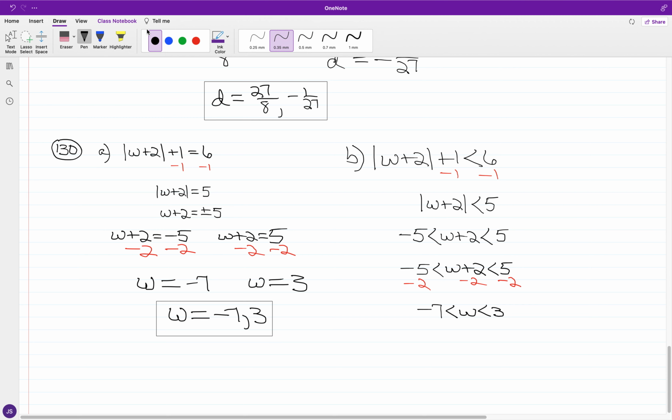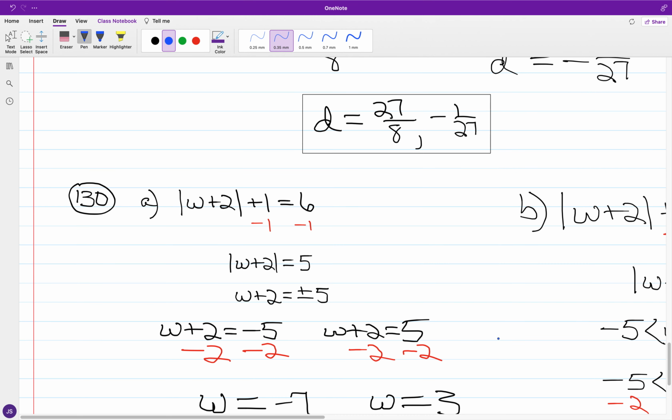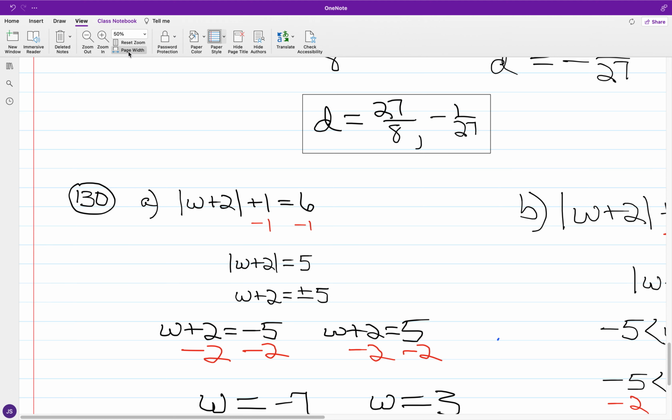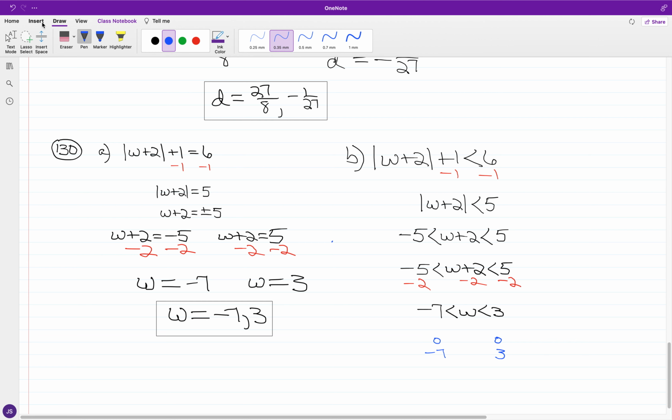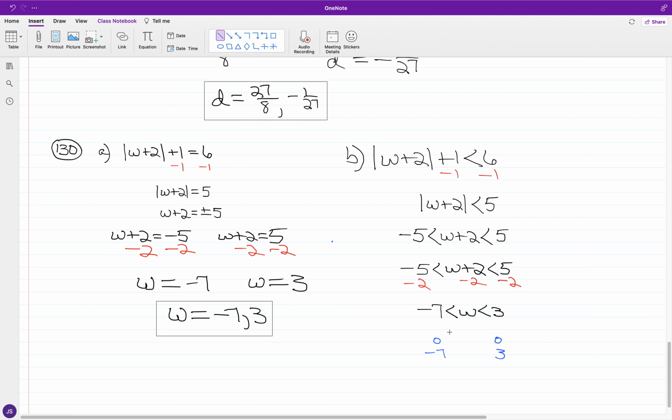So, just looking at the picture, think of a number line. We have negative 7 and 3, and neither value has a closed point, so you just have open circles, and connecting them we have a line segment.